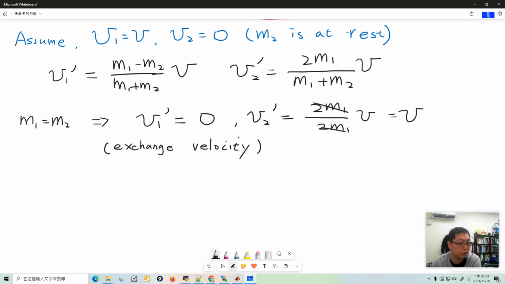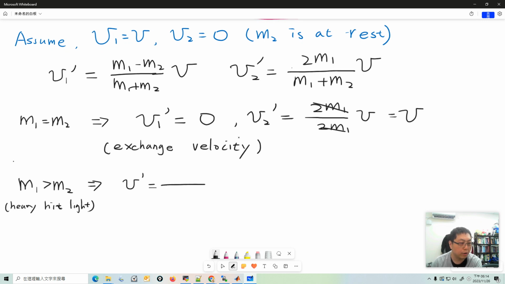So that situation is m1 greater than m2, which corresponds to the video where the heavy car hits the light car. In that video, I want to observe what the velocity direction is after the collision.